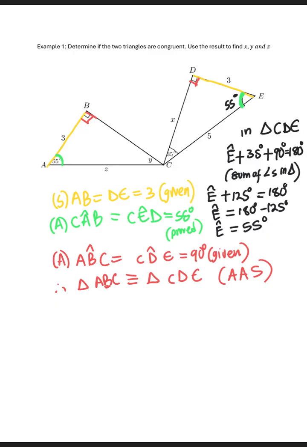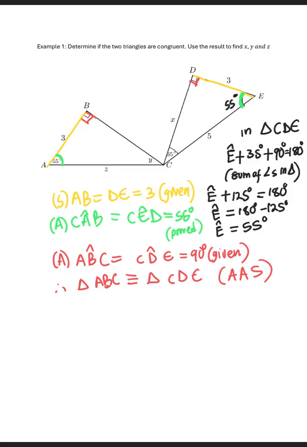And then now we can use this statement to find the value of x, y, and z. So from this statement, we can find the value of x, y, and z. So what is the value of y? The value of y is going to be easy to find now, right? You can just find the value of y easily.